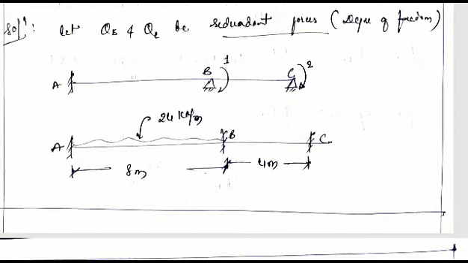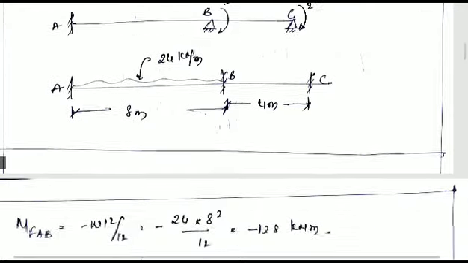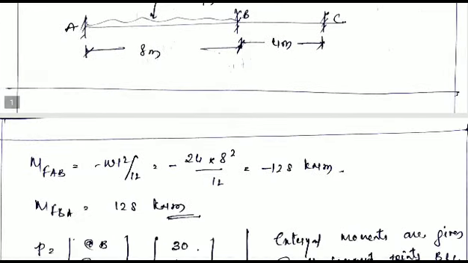Our external load of 24 kilonewton per meter is applied only on AB. For that we find the fixed end moment. The fixed end moment at joint A for member AB, that is MF AB, equals WL square by 12, which is the fixed end moment due to UDL for fixed beams.